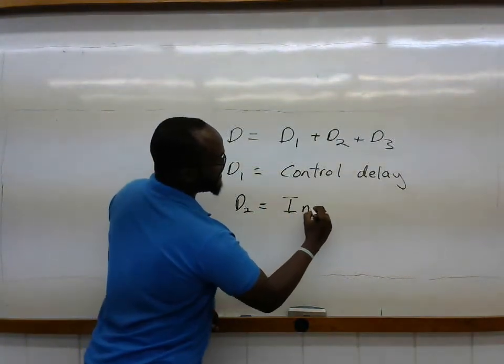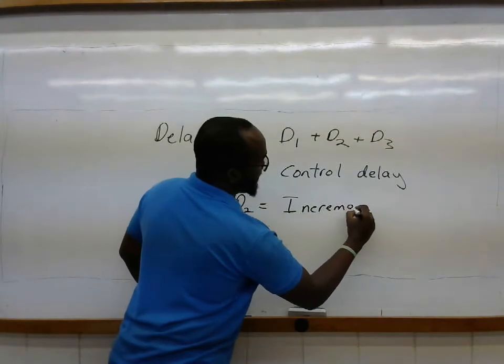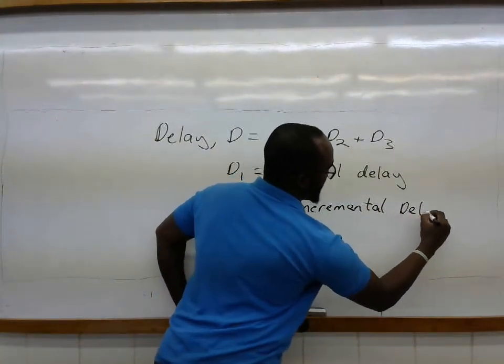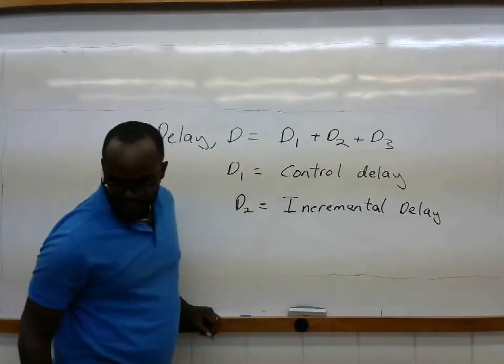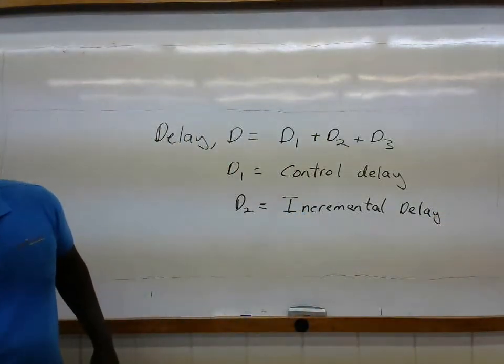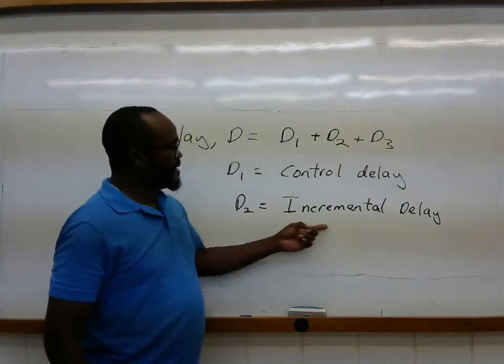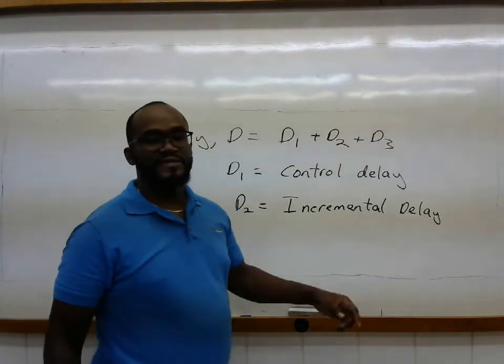So D2 is what we refer to as incremental delay. The incremental delay occurs when you actually have effects, upstream effects.